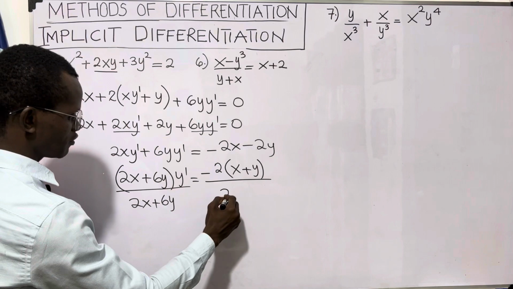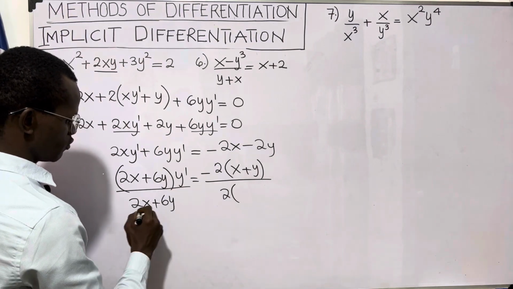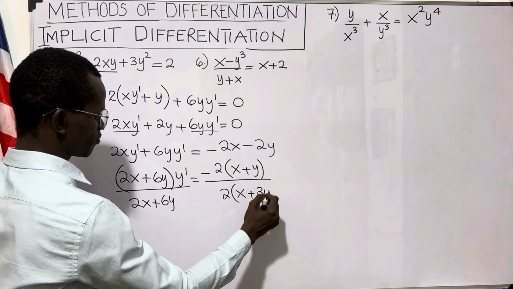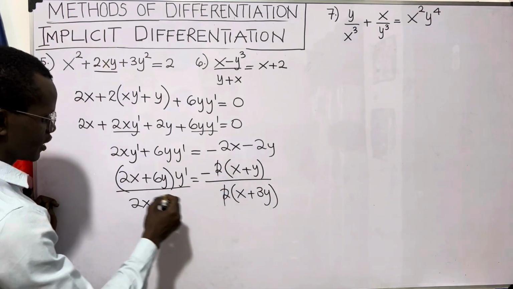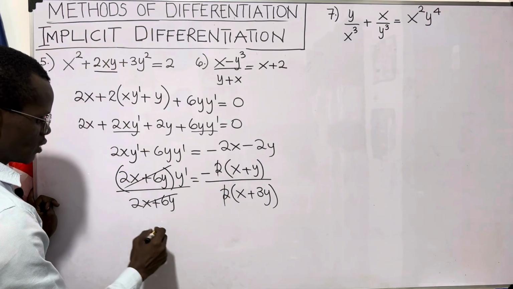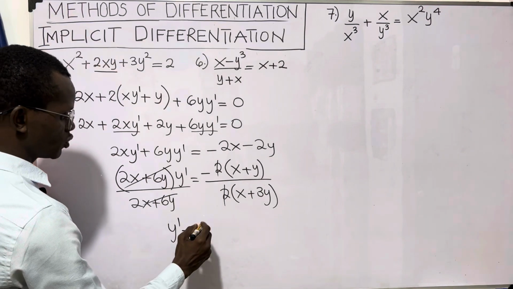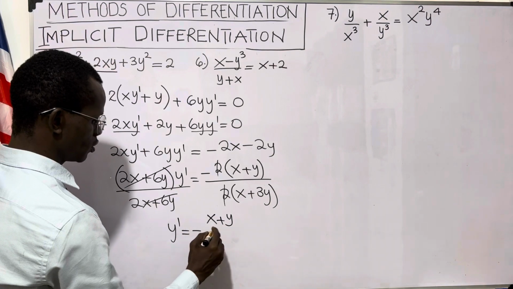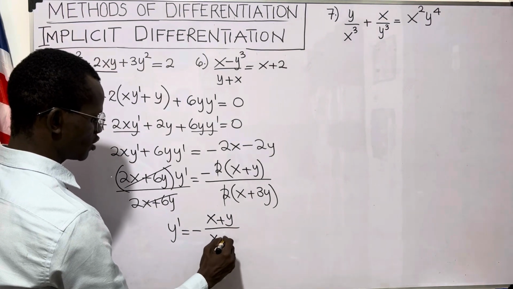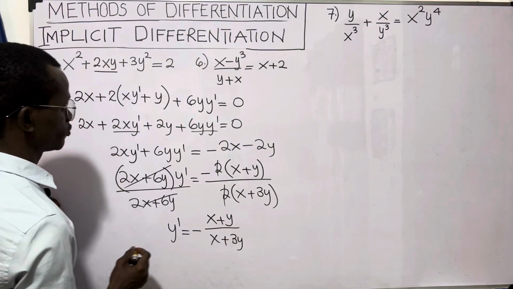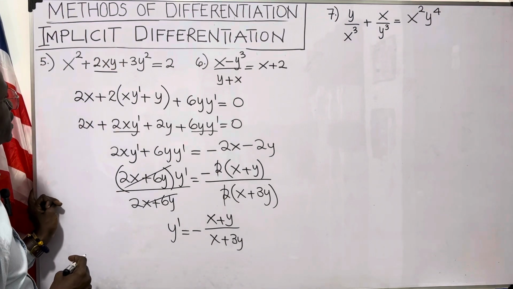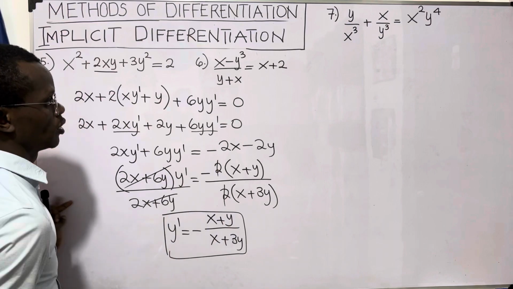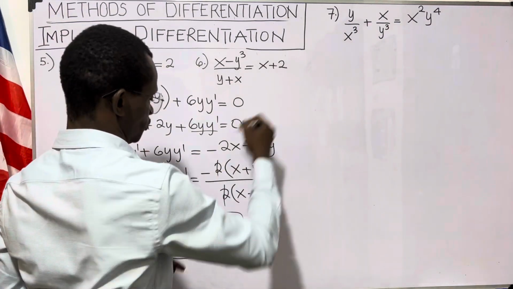On this side we can factor out 2, left with x plus 3y. So this 2 and this 2 cancel out. You have y prime equal to negative x plus y all over x plus 3y. So we can call this our final answer. And then we'll move to the next problem.